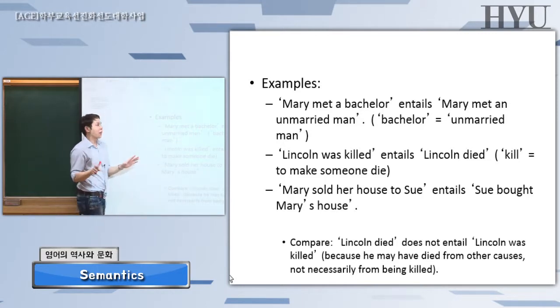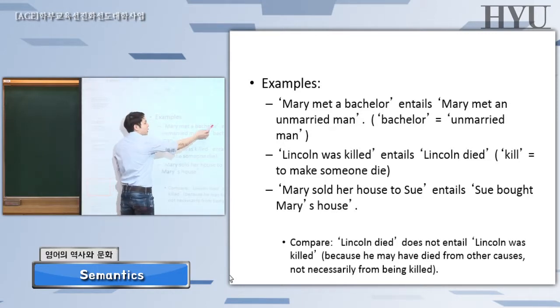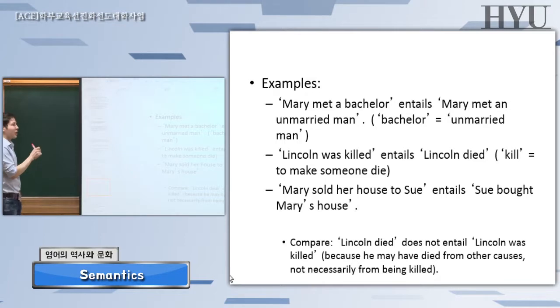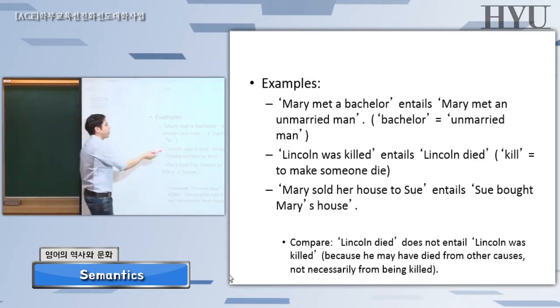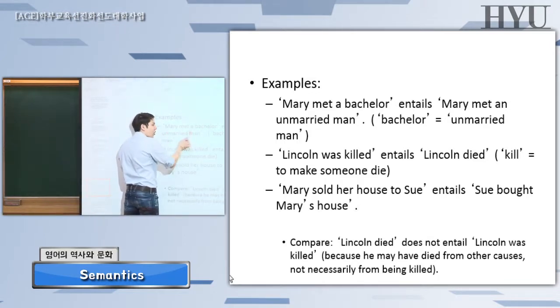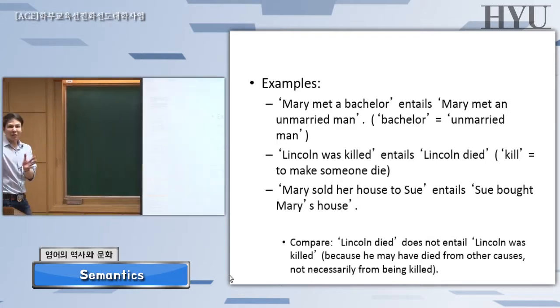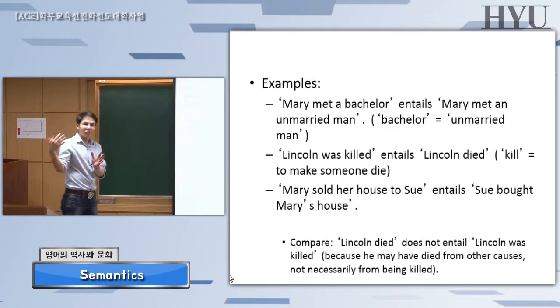If it's true that Mary met a bachelor, it must necessarily be true that Mary met an unmarried man, because bachelor here overlaps with the word unmarried. Unmarried man too, not unmarried woman.